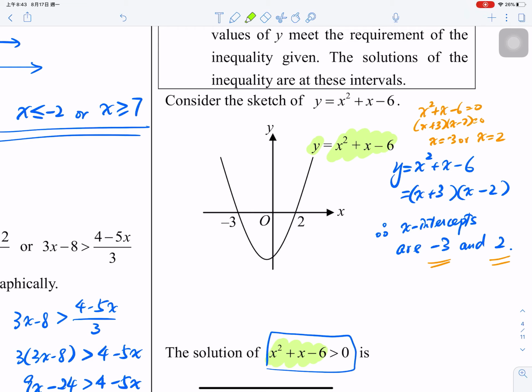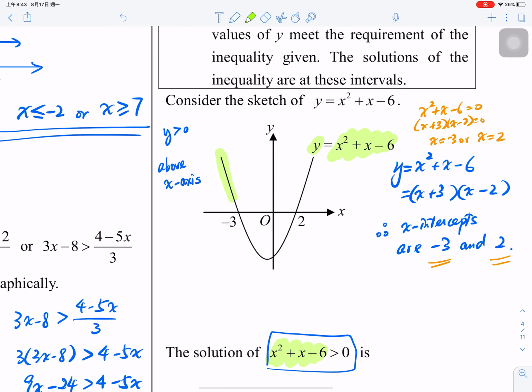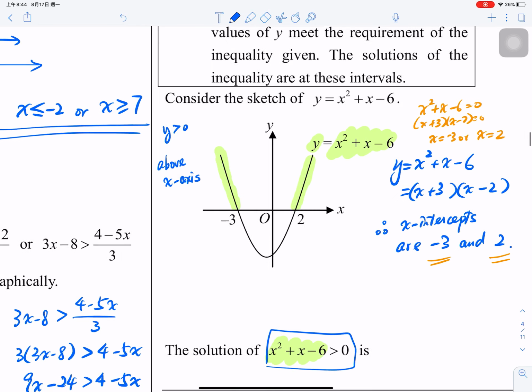In this parabola, which part of the parabola is greater than 0? That means above the x-axis, y greater than 0. You can see that this one greater than 0, this one greater than 0, right? The value of y greater than 0.